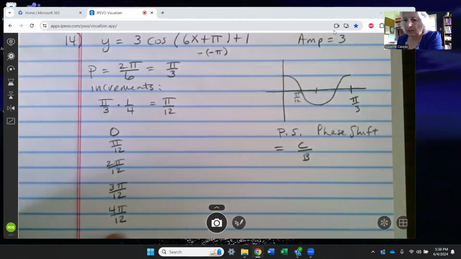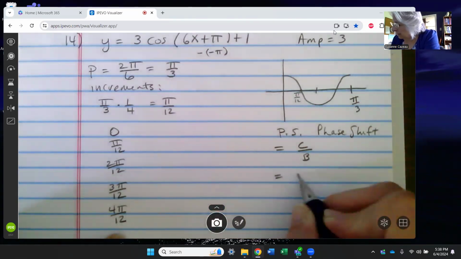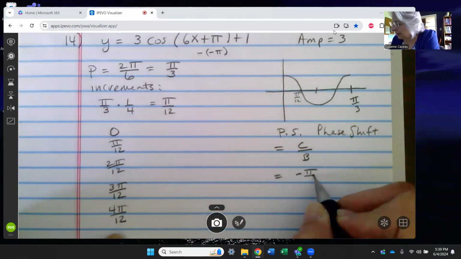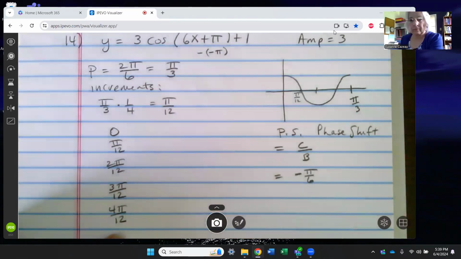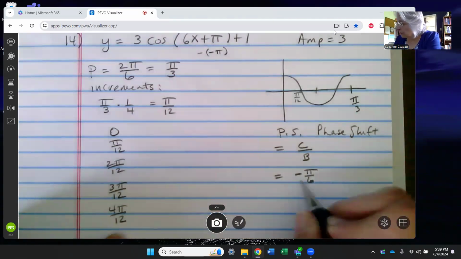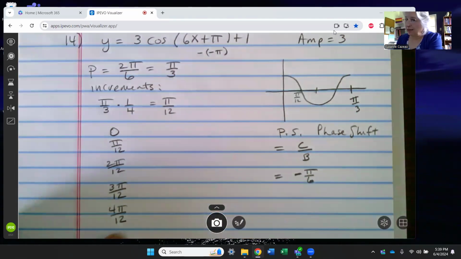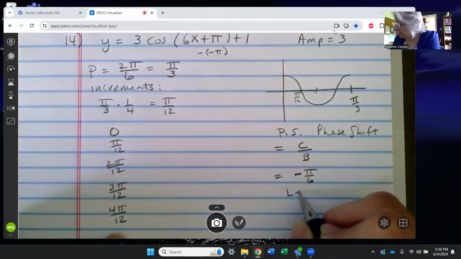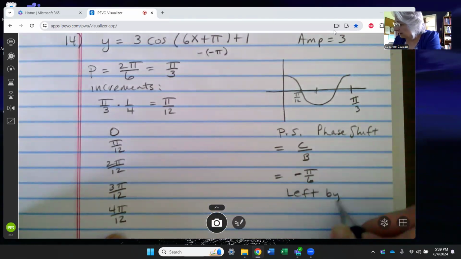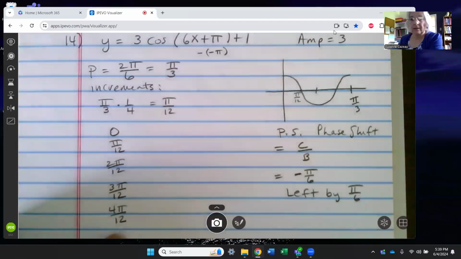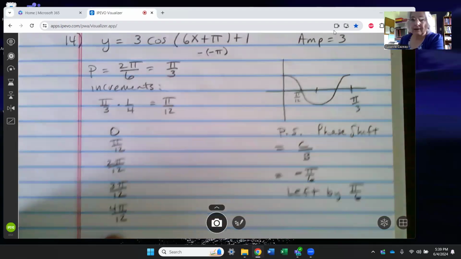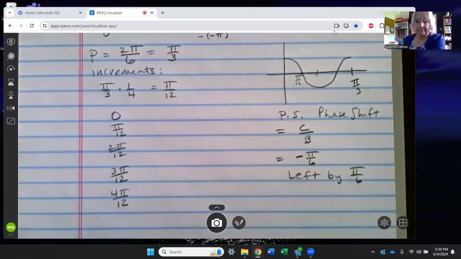Okay, so C is negative pi, and then B is 6. So that means we're going to shift to the left because it's negative. This is a left shift by pi over 6. So that means we have to subtract pi over 6 from all of these.